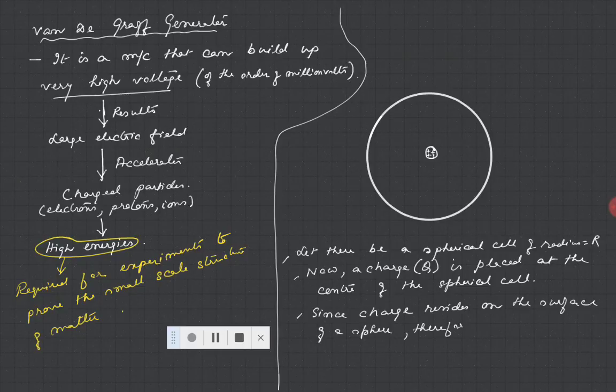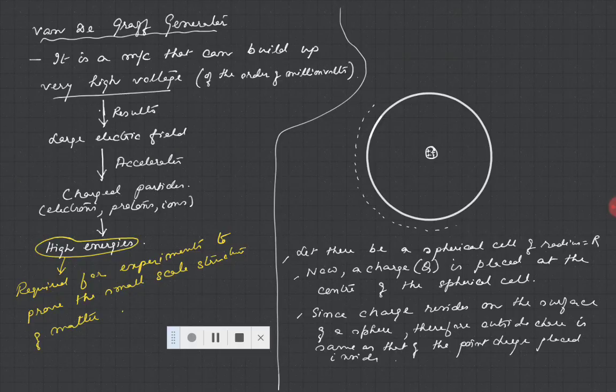Since charge resides on the surface of the conductor, this charge is distributed uniformly on the surface of the conducting spherical shell. The outside field is the same as if there is a point charge placed inside.